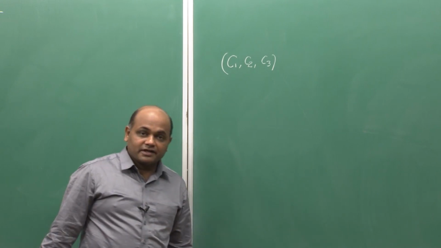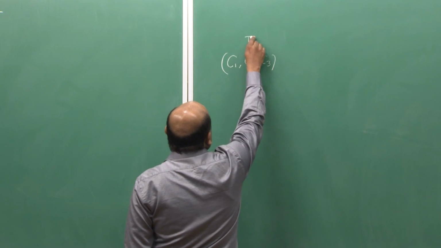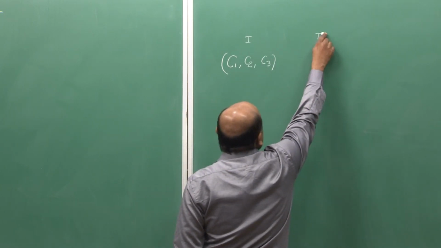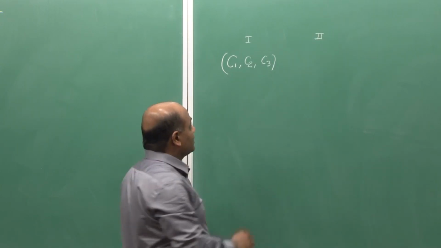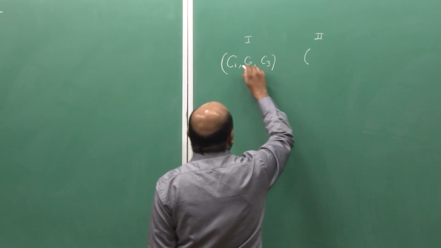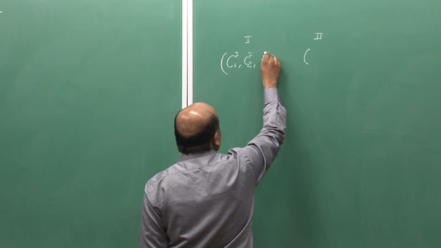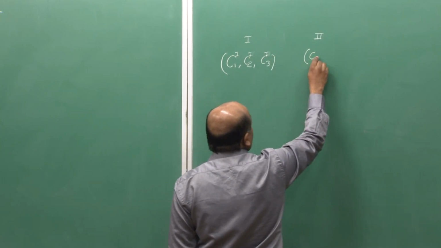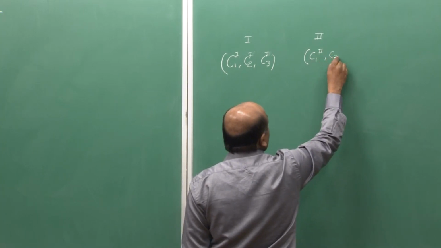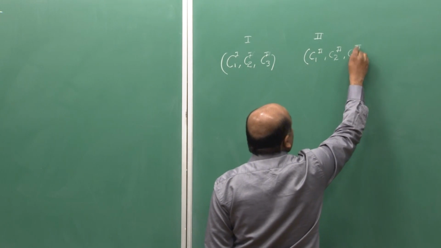So, if I design a couple between, let us say, alloy 1 and alloy 2, I have 2 terminal alloys with concentrations C11, C21 and C31, and C12, C22 and C32.